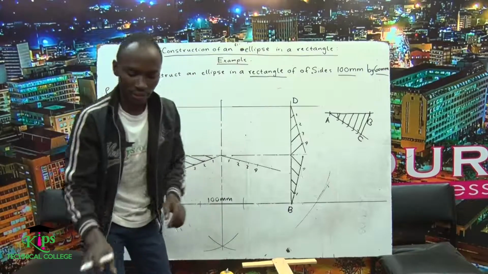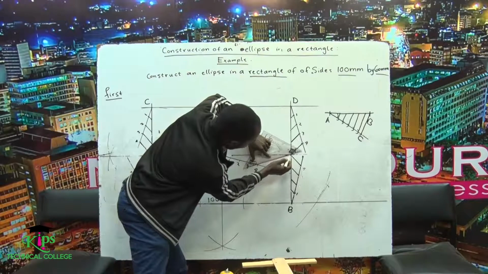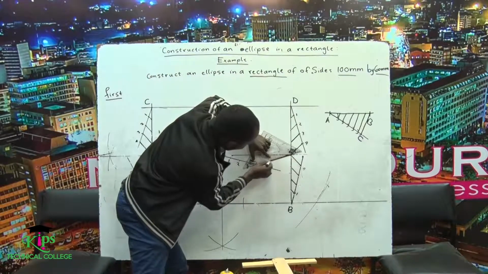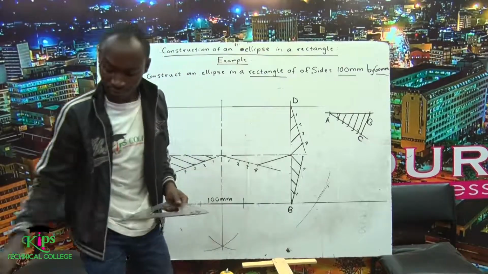Then from there, join this last point, which is number 4, to this corner, like that. Then draw parallel lines to this.